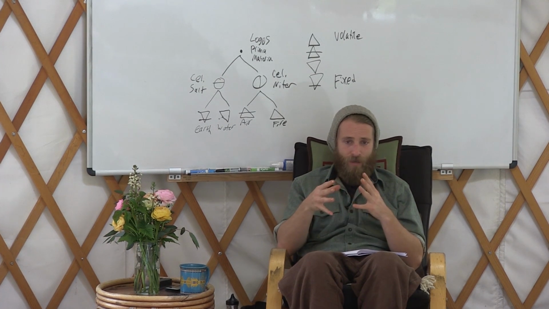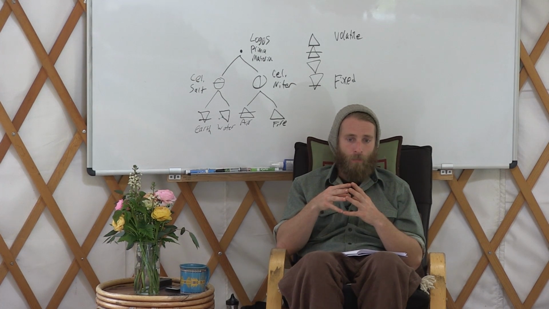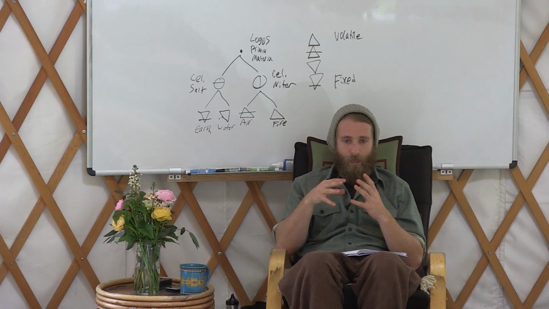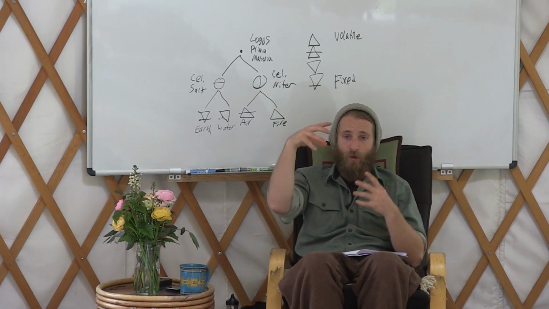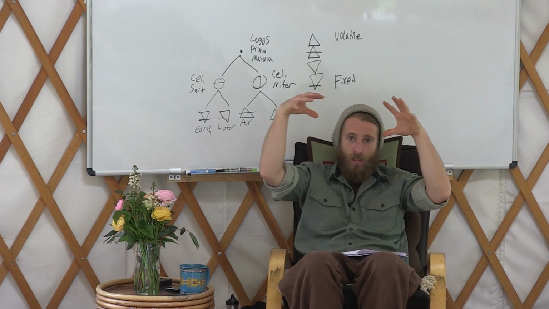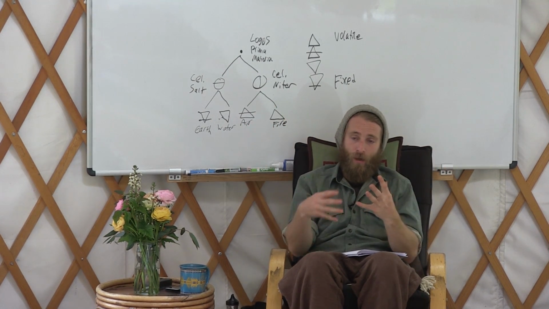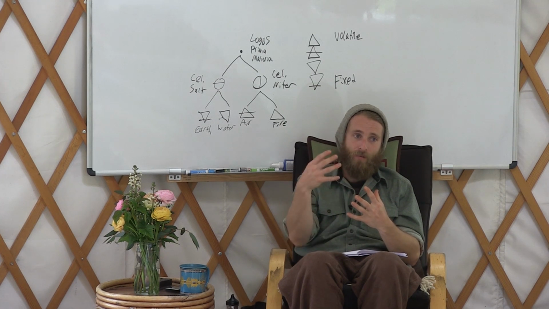And then lastly, we have the ether element. That predominantly would relate to the nervous system, the brain, consciousness. As ether is like the space within which all of the other four elements manifest.